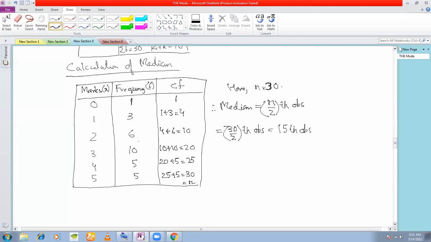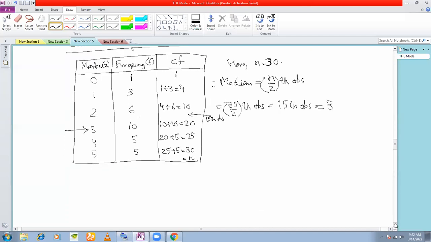Now, which one is the 15th observation? 15 lies in between 10 and 20. So the median is the 15th observation, which is 3. So median must be equal to 3. Okay, so that finishes this also.